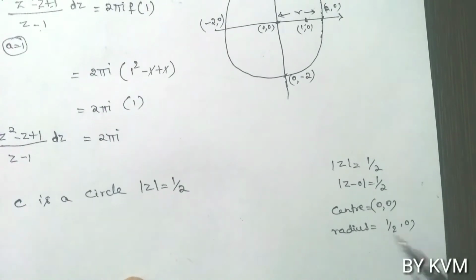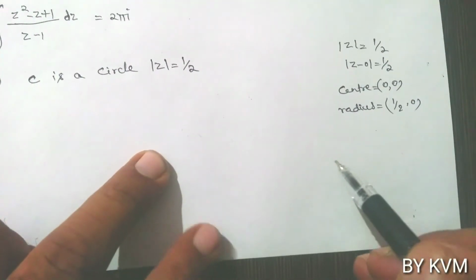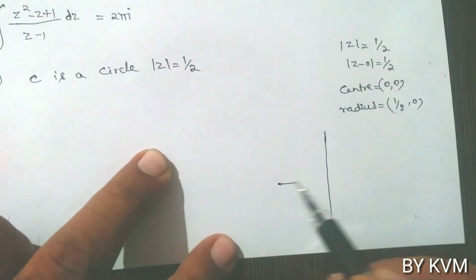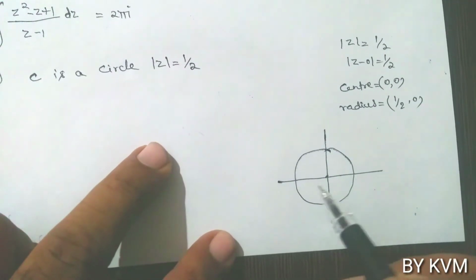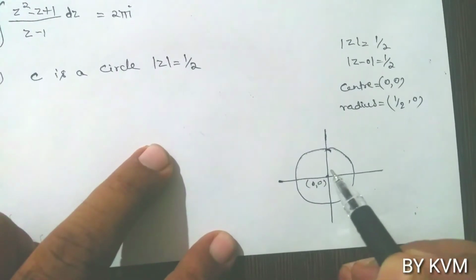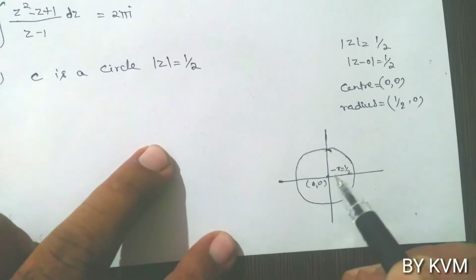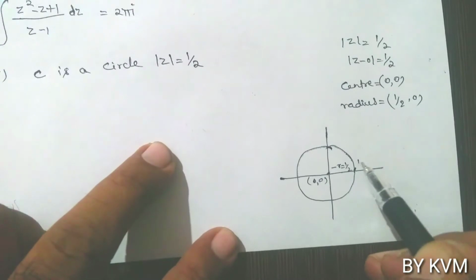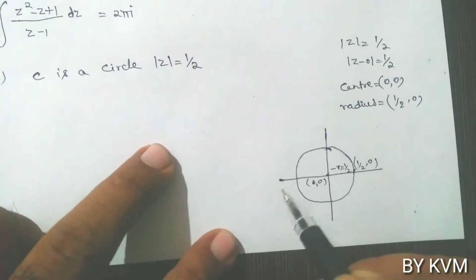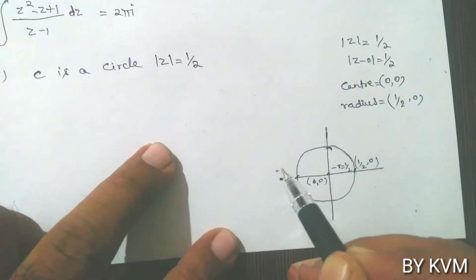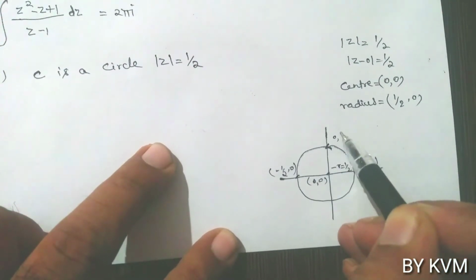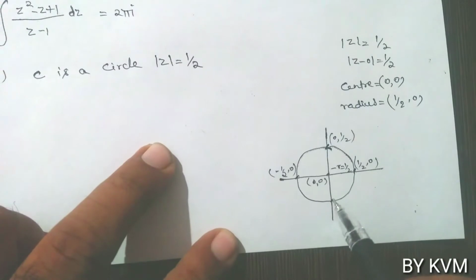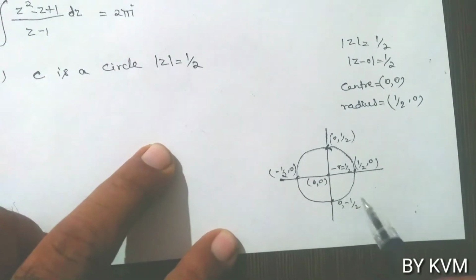So let us draw the graph. Center is 0 comma 0, radius r is 1 by 2. So the point on the x-axis is 1 by 2 comma 0. To the negative side it is minus 1 by 2 comma 0. On the y-axis 0 comma 1 by 2. On the negative side it is 0 comma minus 1 by 2.